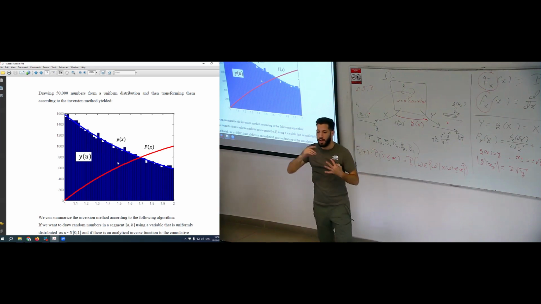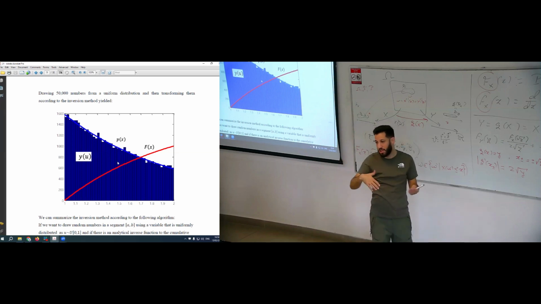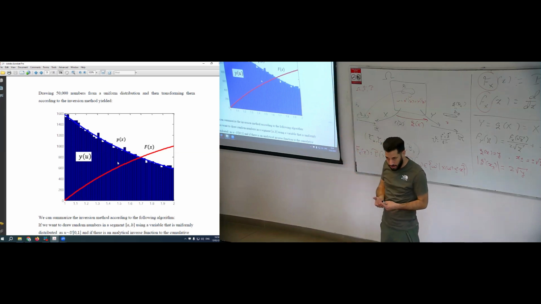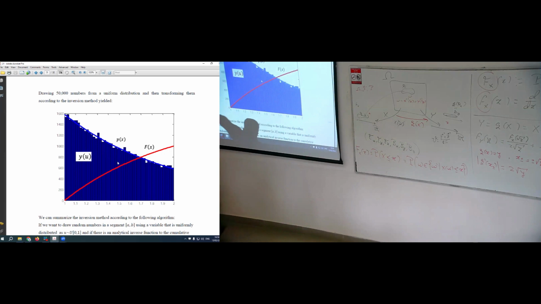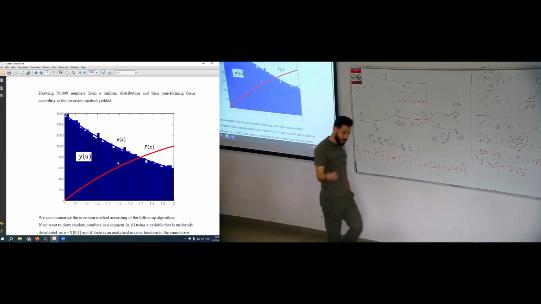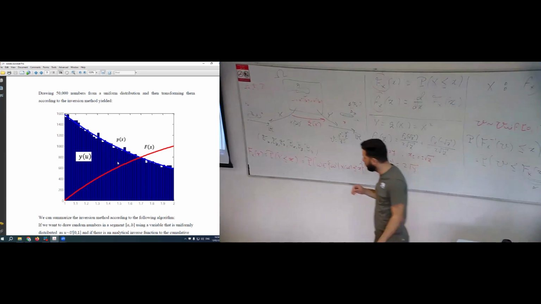It's x1. And another sample, u2, and find x2, which is F minus 1 of that u2. And then u3, and then u4. And I do 50,000 samplings like this, and find the 50,000 x's, and I build a histogram of these x's.